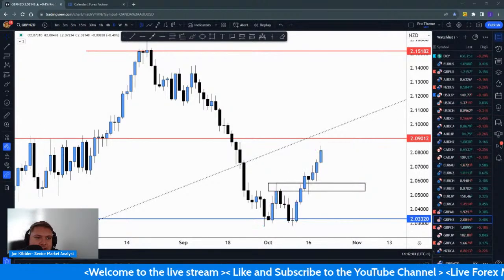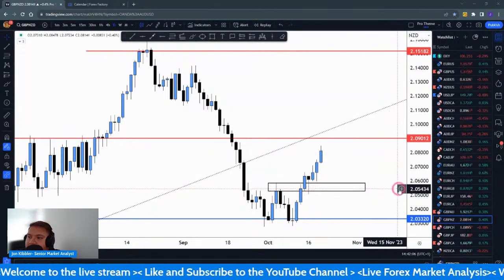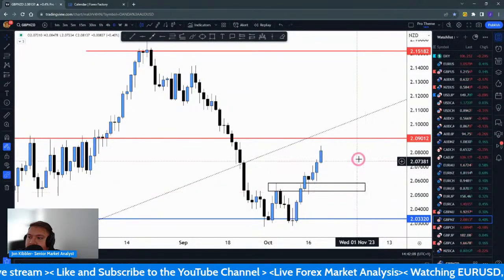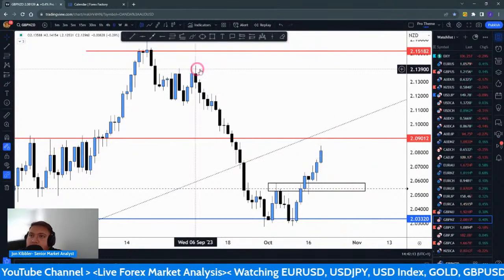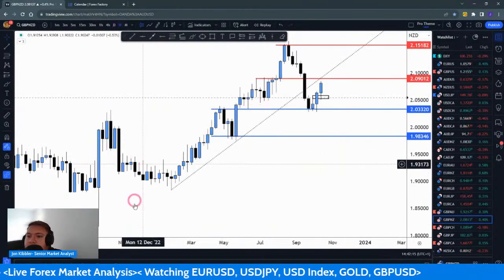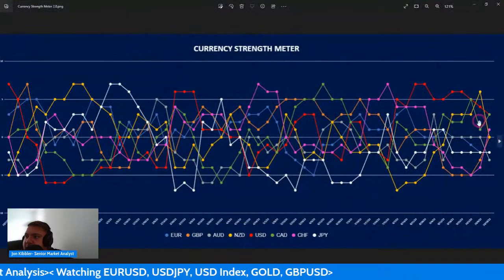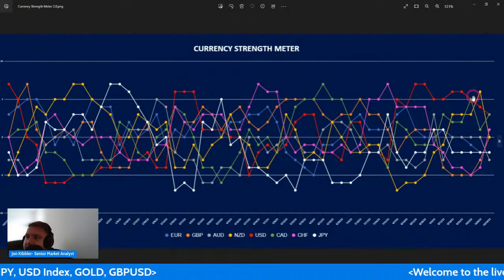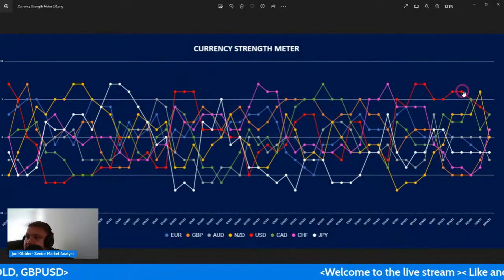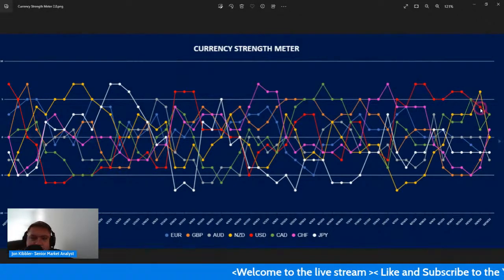I probably should set some alerts here because I missed a couple of moves that were pointed out from the strength meter. Pound Kiwi is definitely one of those. If I bring that strength meter back in, obviously the pound and Swissy are doing pretty well. The dollar was a currency that was starting to show a little bit of weakness.